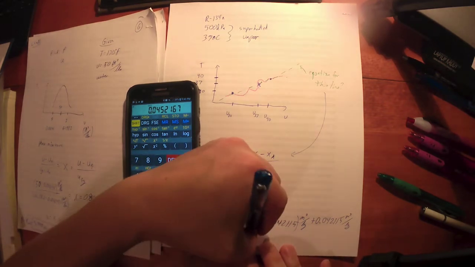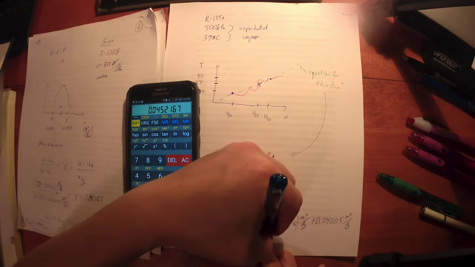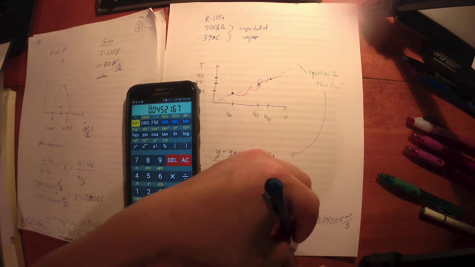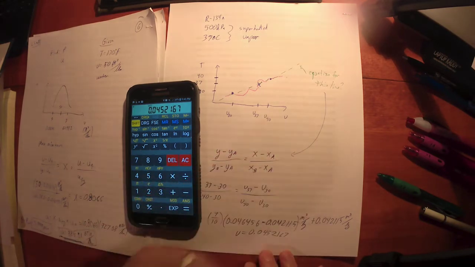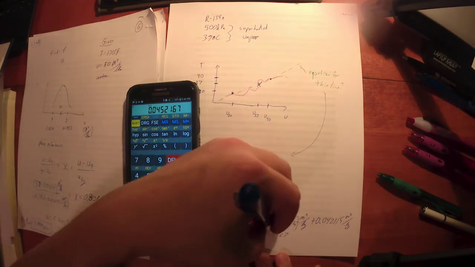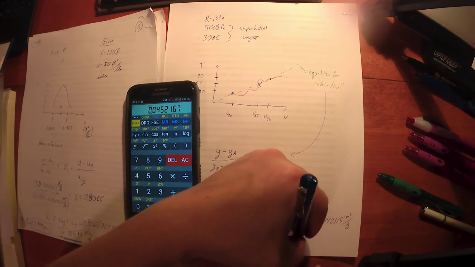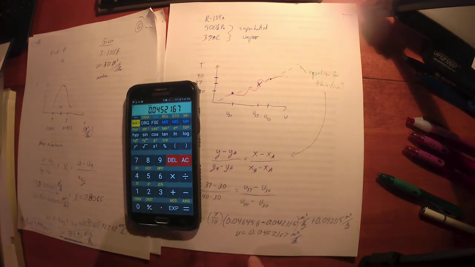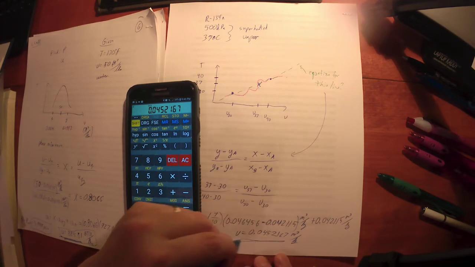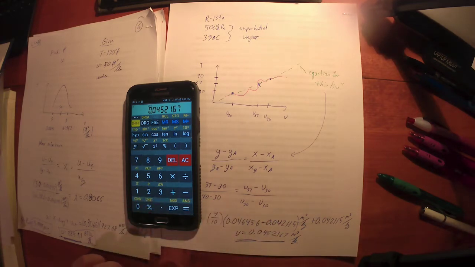V is equal to 0.0452167. That's too many significant figures, honestly, but that's okay. We'll leave it for right now, because this isn't going to be a final answer in a normal problem. But that's how I would interpolate between these two points.